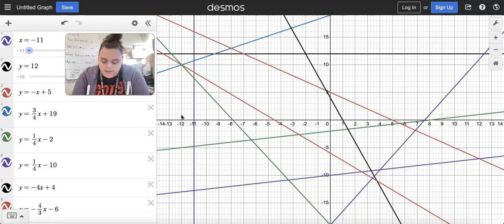When you are done coloring, then you are going to submit a picture of your equations and a picture of your graph to the final submission that is due on Friday, May 17th.